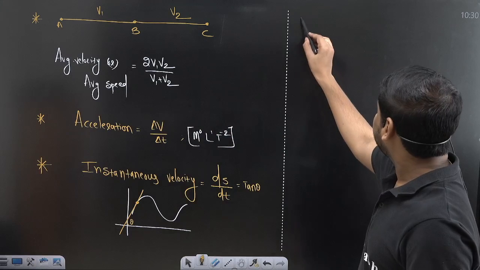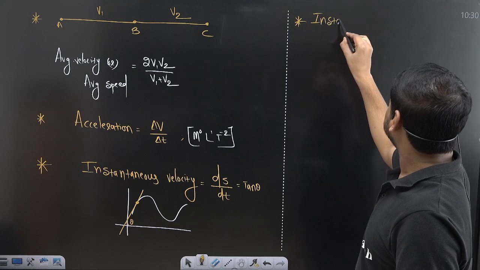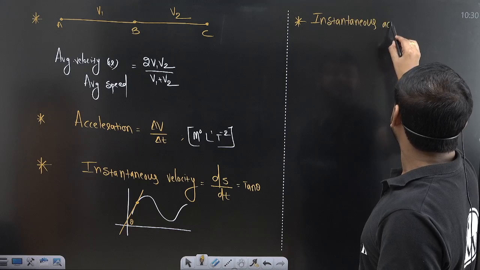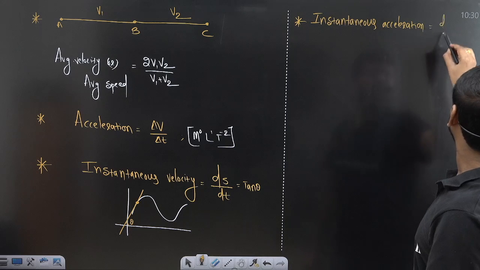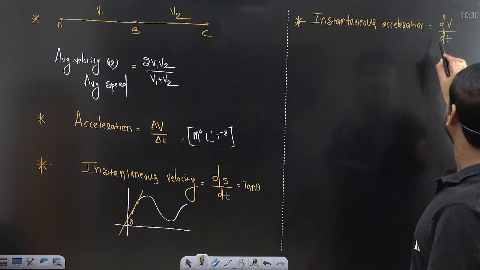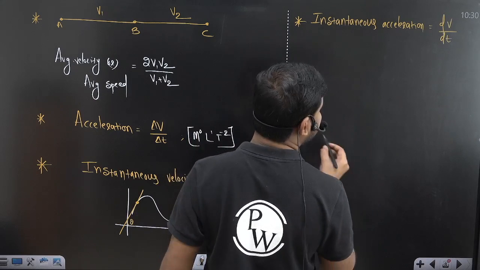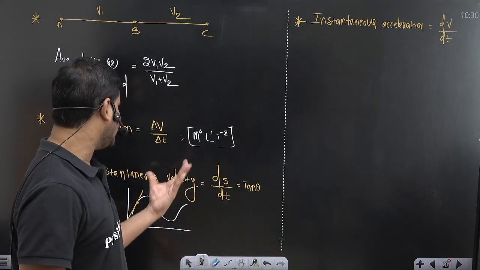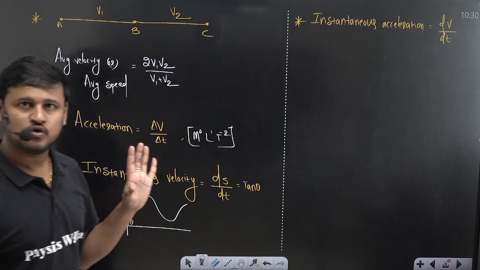And then we also discussed the instantaneous acceleration. What is instantaneous acceleration? Simply dv by dt, so the slope of the vt curve will result in the acceleration, right? Instantaneous acceleration. The units and dimensional formula are the same for average acceleration, instantaneous acceleration, or simply acceleration, whatever it is.